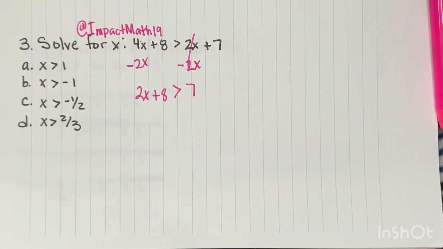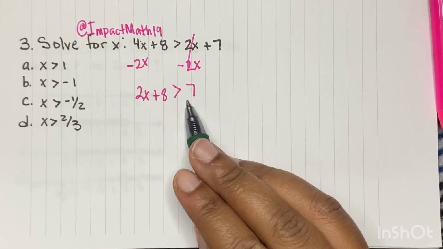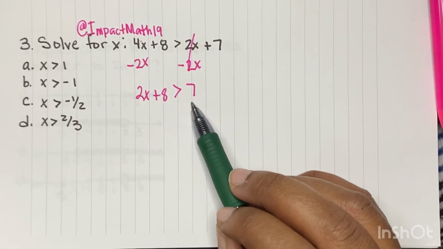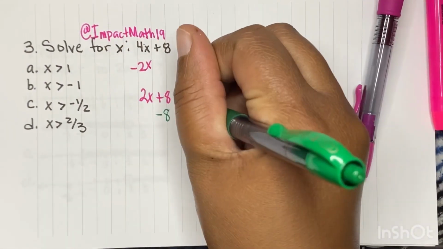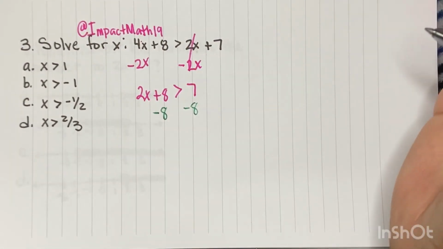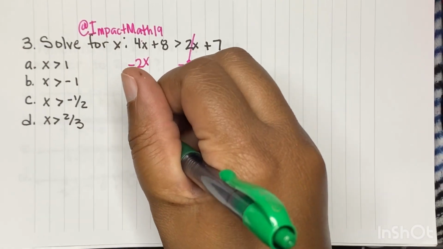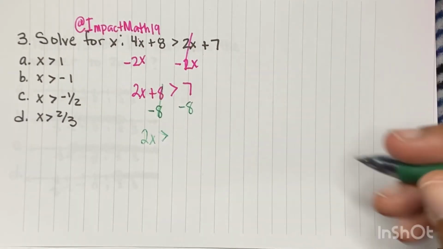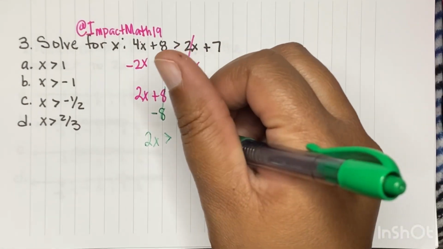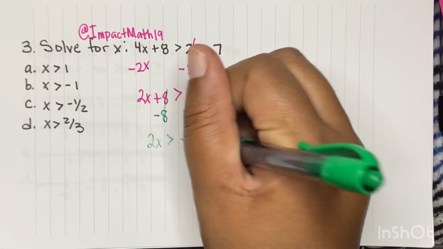And now we need to move over our positive 8 to the other side. You have to do the opposite of a positive, so we're going to minus 8 to both sides. So we get 2x is greater than, and then 7 minus 8 is negative 1.